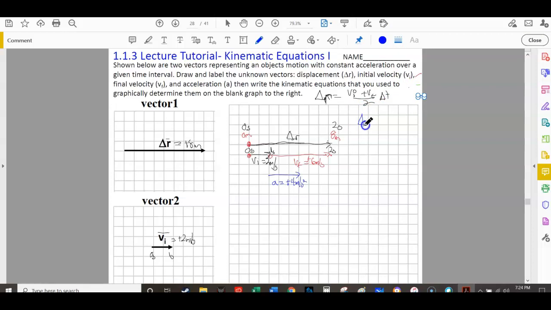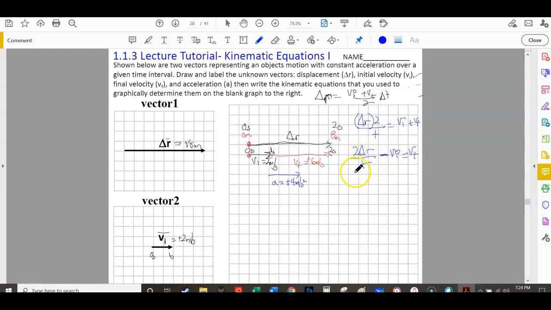Delta r times 2 over t. Multiply both sides by 2 and divide both sides by t, and that is equal to v initial plus v final. So 2 delta r over t, minus the initial velocity vector, is equal to the final velocity vector.